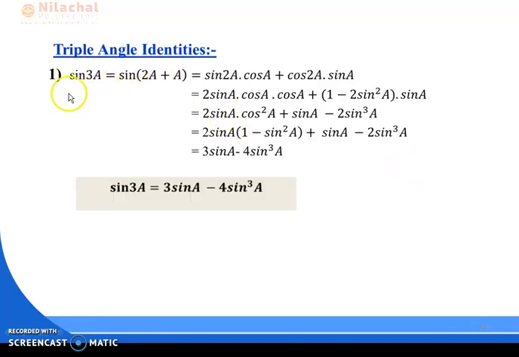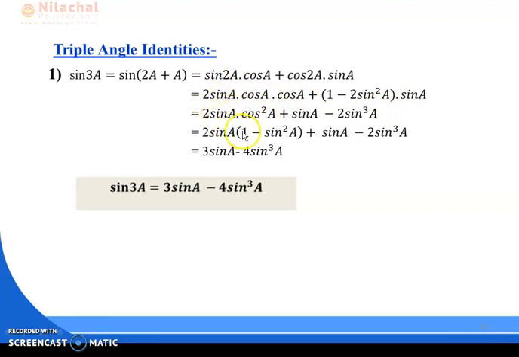Triple angle identities. We know that sin 3a equals sin of 2a plus a. So, this is the formula sin a plus b: sin a into cos b plus cos a into sin b. Now here we convert cos 2a into 1 minus 2 sin square a. Then the sin 2a formula is 2 sin a into cos a.